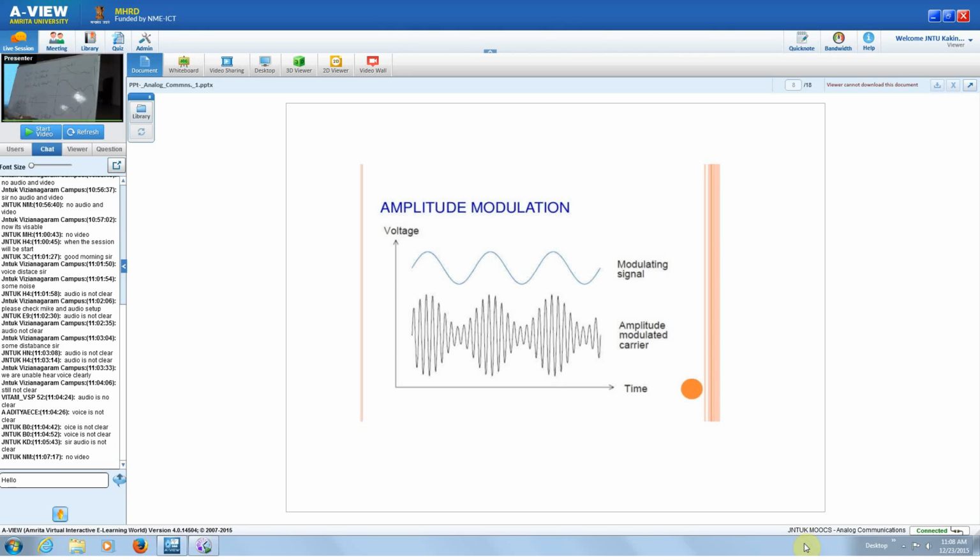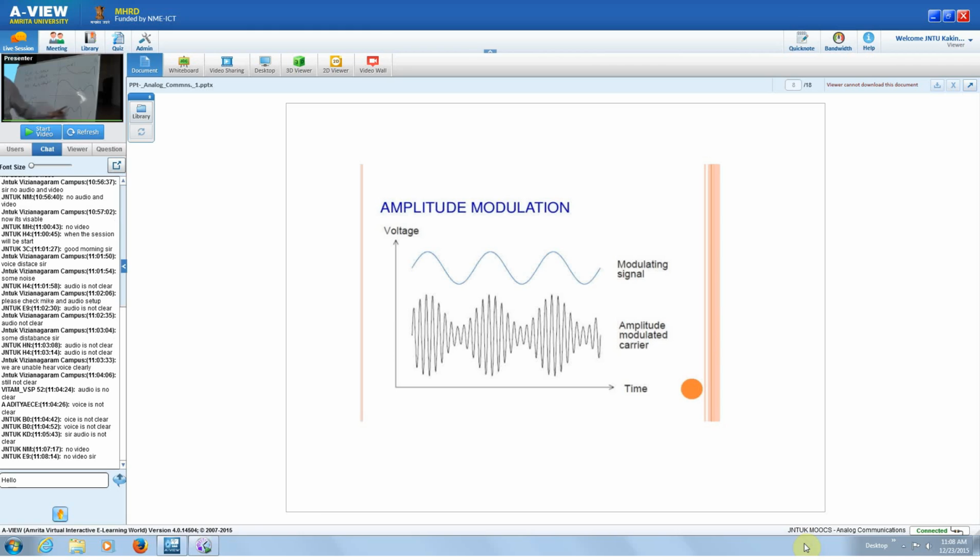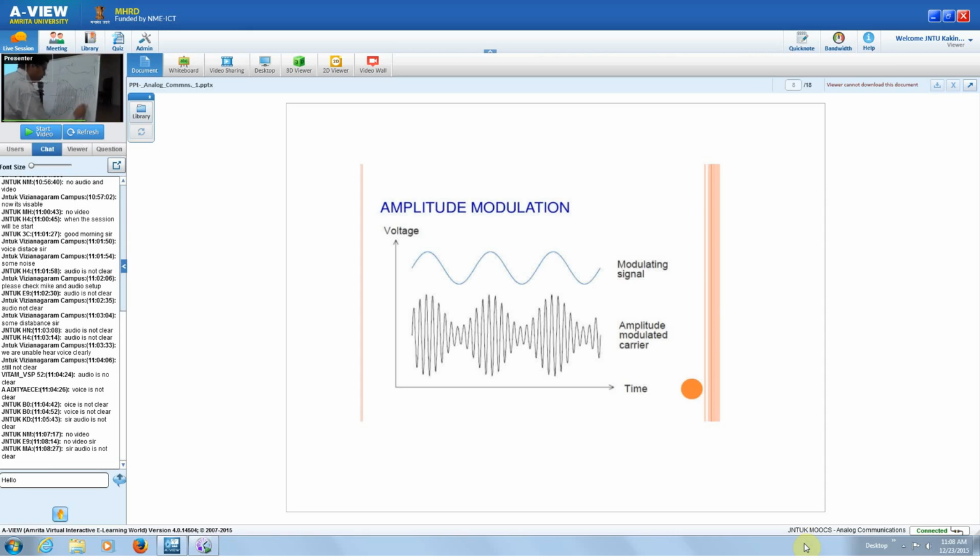When cos omega c t is positive, you have this value, and when cos omega c t is negative, you have this value. In between you have the carrier, which is a very high frequency compared to our baseband signal m of t.